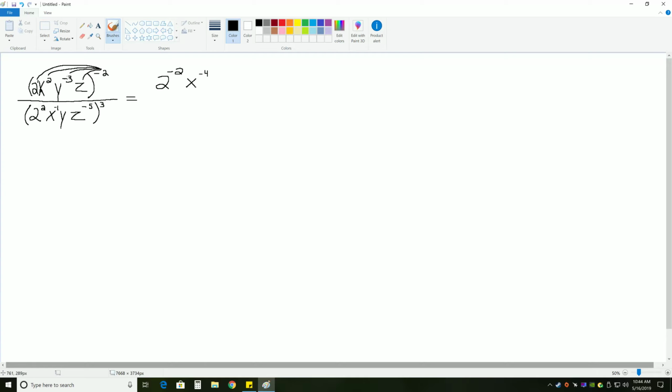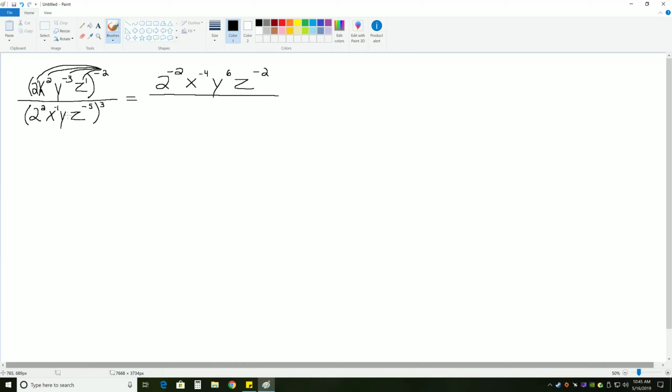And again, negative 3 times negative 2 gives us positive 6. So we have y to the positive 6 power. And finally, z is really z to the first. So when we multiply that negative 2 to our exponent of 1, we get z to the negative second.